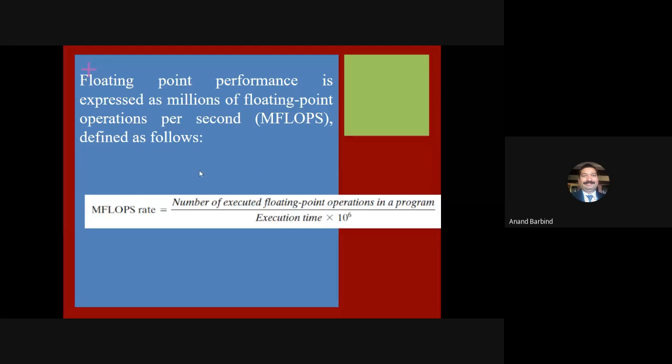That gives you the MFLOPS rate for a particular processor, and you can compare the MFLOPS rates for different processors or computers, and then compare the performance of those computers.